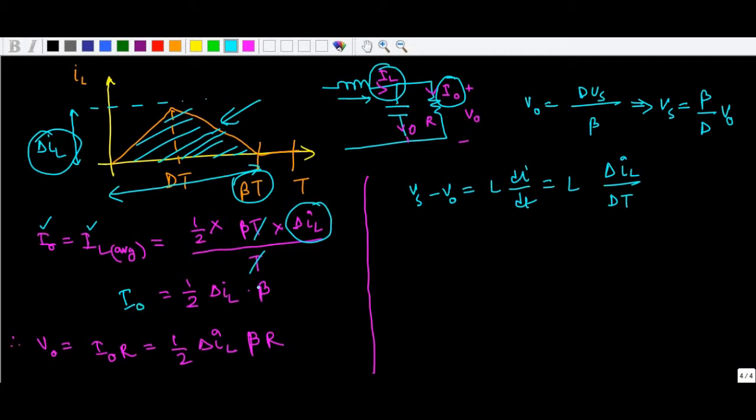So this T and T will get cancelled out, and we get that the load current is equal to half into del IL into beta. This load current is flowing to a purely resistive load, so it will produce a load voltage equal to the load current times the resistance. And this load current is a DC current, so this is also a DC voltage.